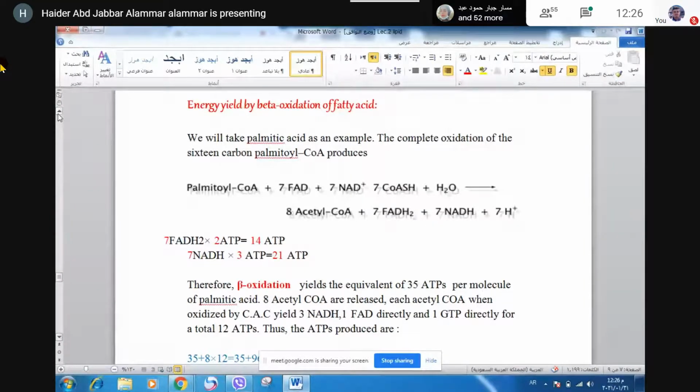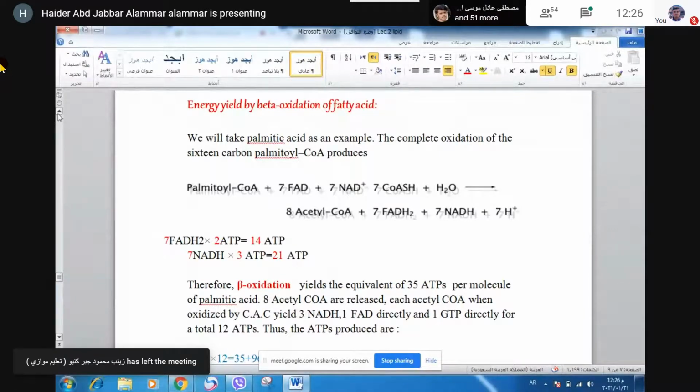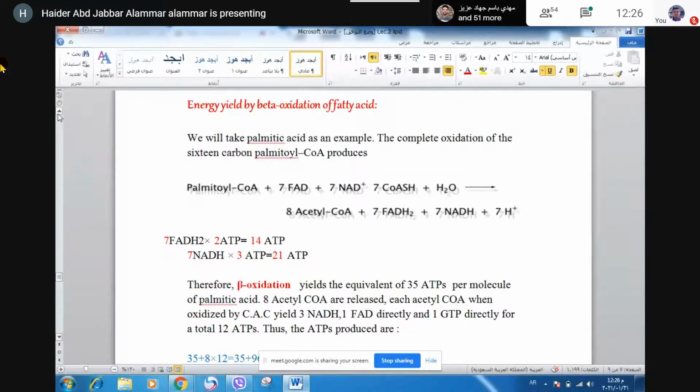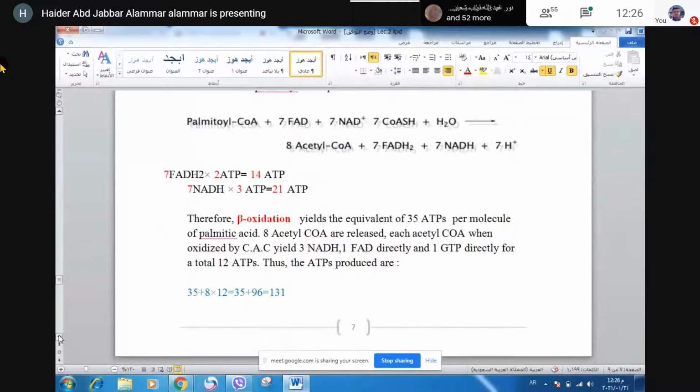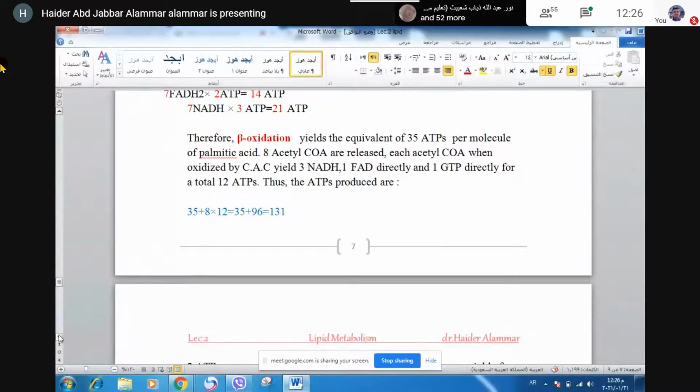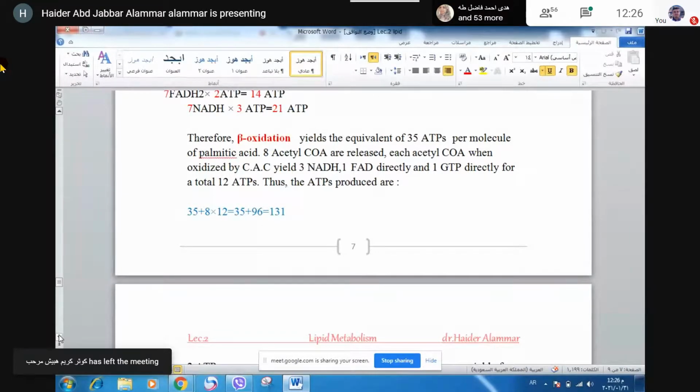But if I ask you about total oxidation, we return to the eight. We said first 16 divided by 2 equals 8 acetyl coenzyme A. Each acetyl coenzyme A, when it enters the citric acid cycle, will give us how many ATP? 12 ATP. So we multiply 8 by 12. This will give us 96 ATP. 96 plus 35 equals 131 ATPs.